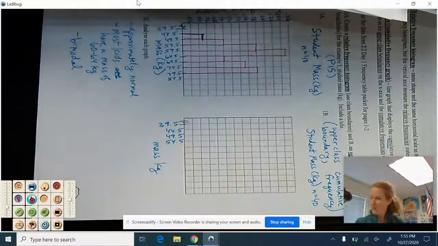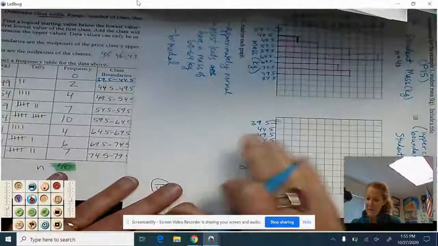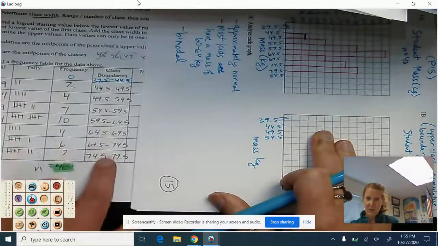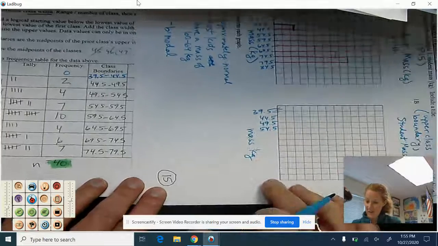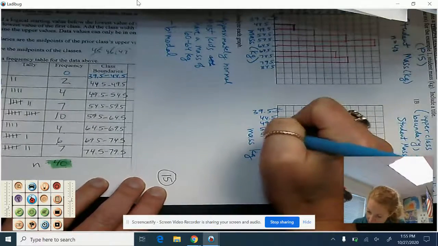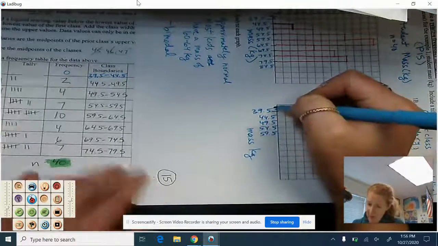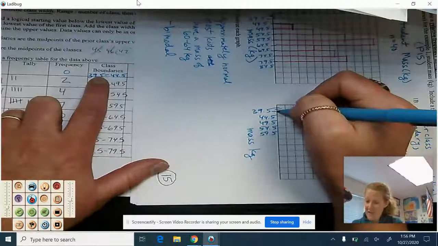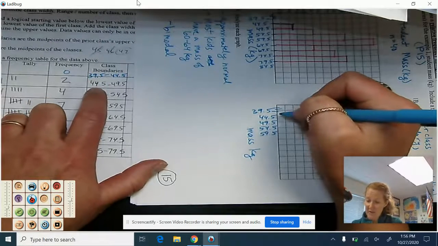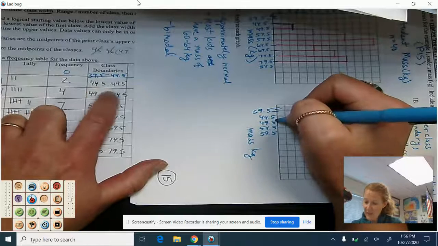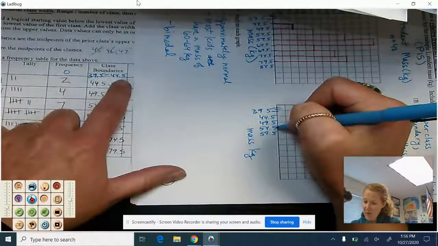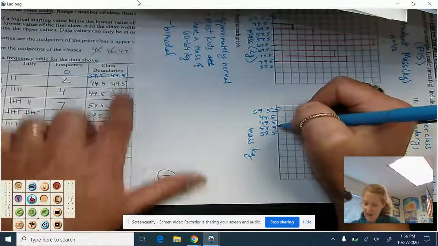Okay, I'm repeating using these class boundaries on my x-axis. I started with 39.5, or you could just skip one and start at 44.5, then 49.5. You can do the uppers if that's easier.